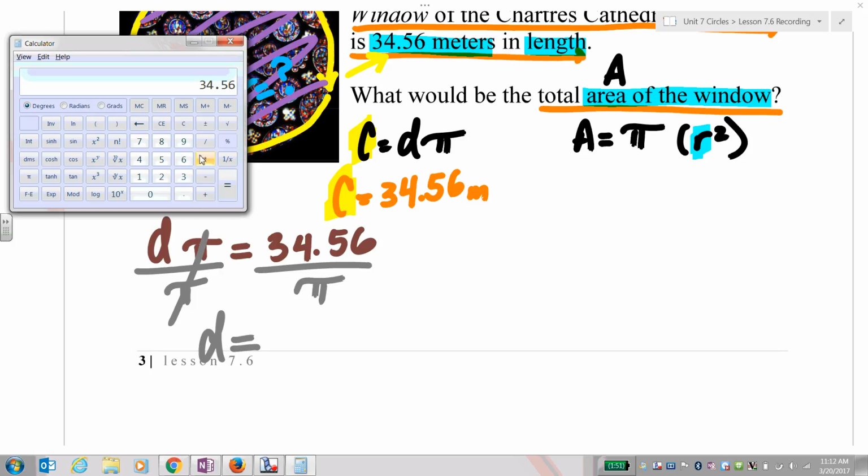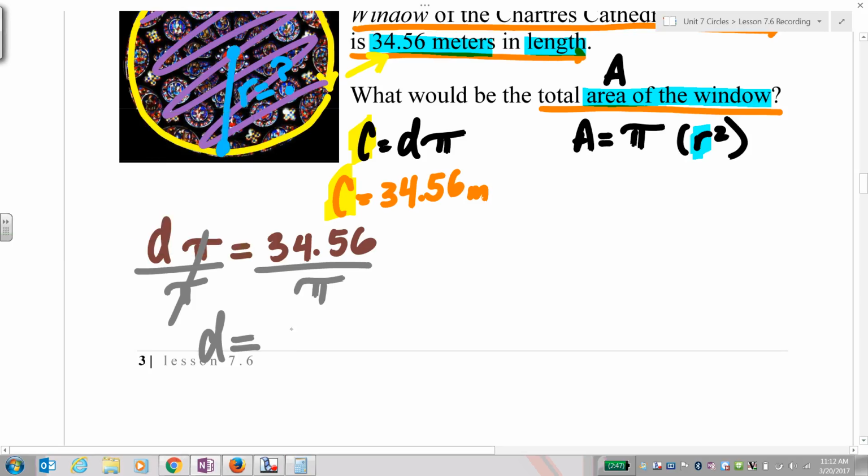You're going to divide by your pi, please. And since I normally tell you to round to the second decimal, check for units, meters.